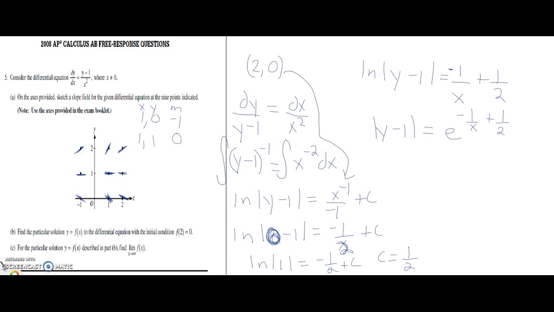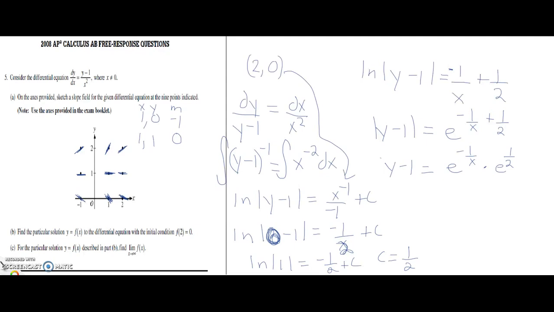So now you could actually separate these, and say y minus 1 equals e to the negative 1 over x times e to the 1/2. So that's really your a, or that's what I like to call a.